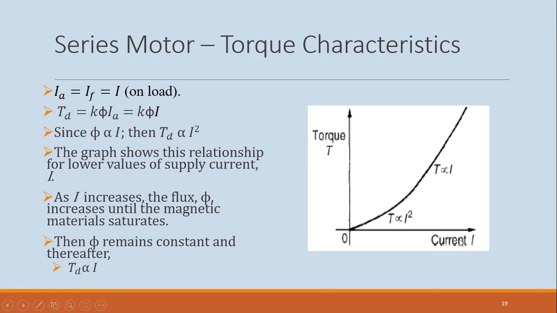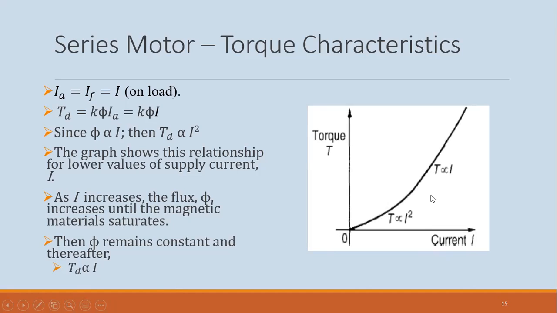But as I increases, the machine becomes saturated. So the flux won't change as I increases because the machine becomes saturated. So then torque is just going to be proportional to current.